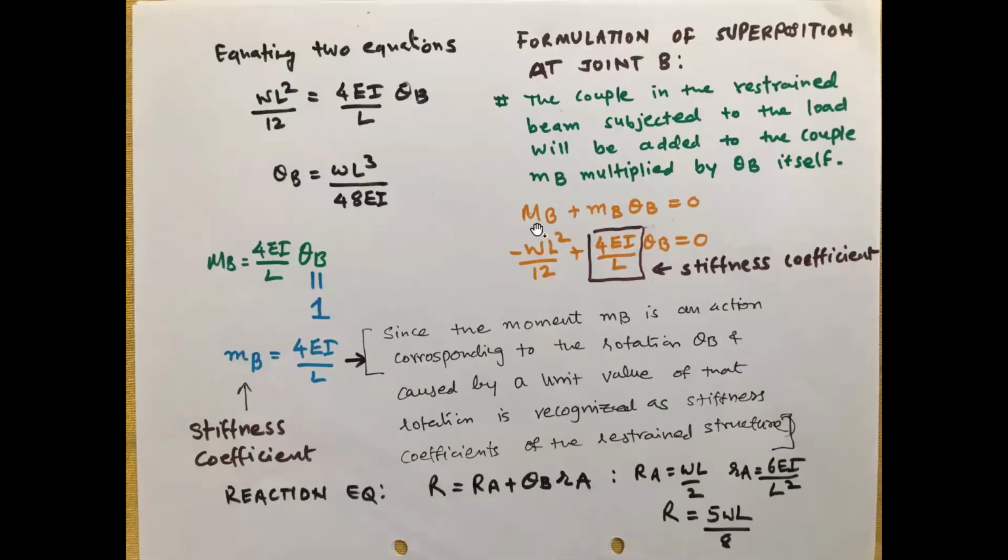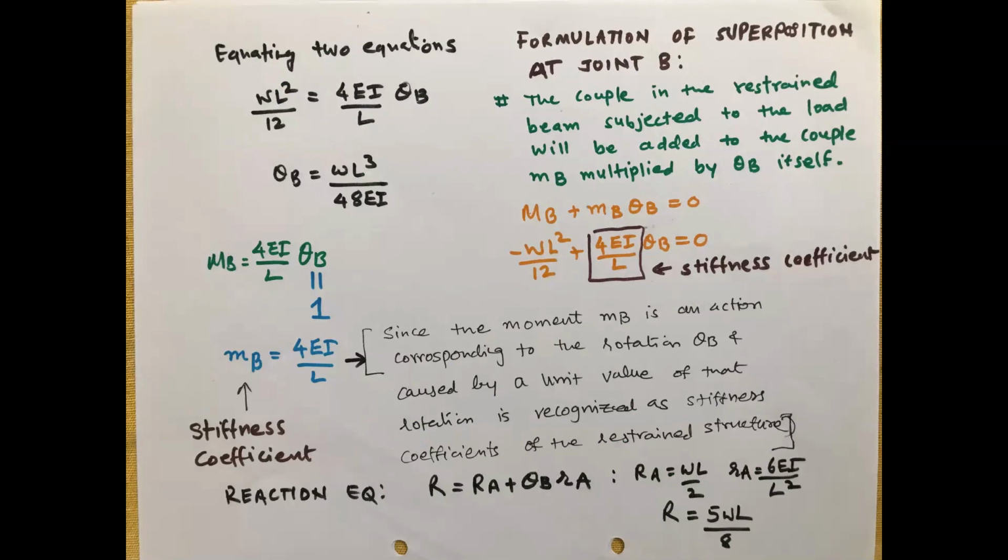And this capital MB is always because of the external load, that is WL square by 12. I'm writing this single equation. Because we have one kinematic degree of indeterminacy, a single variable, I have only one equation.